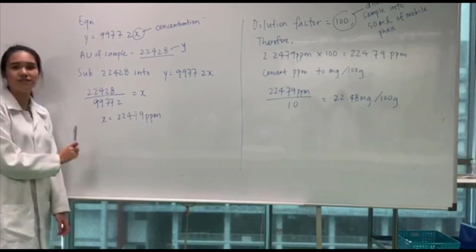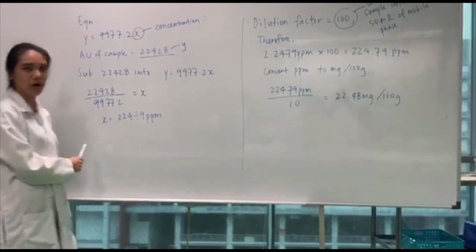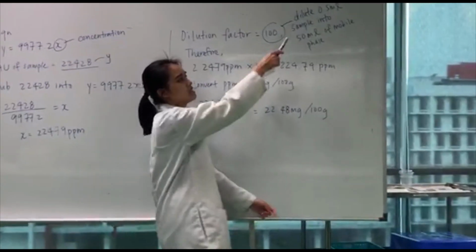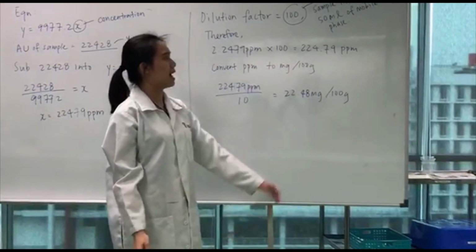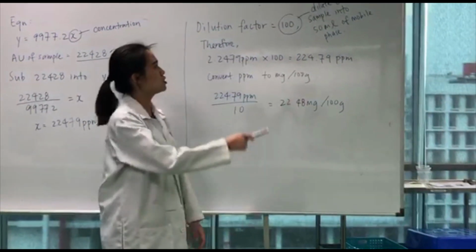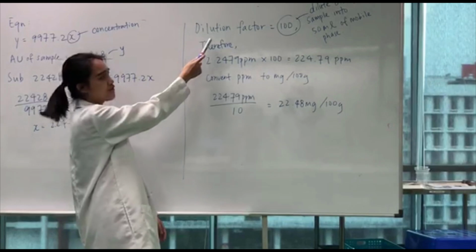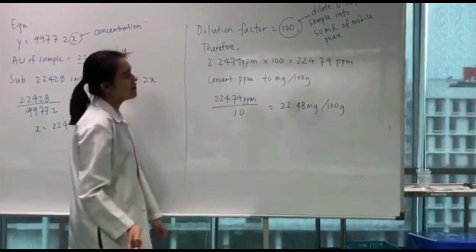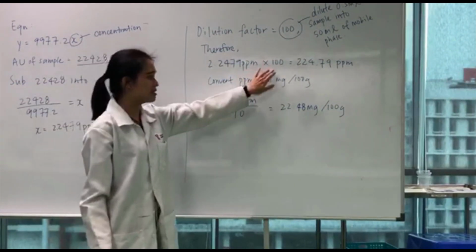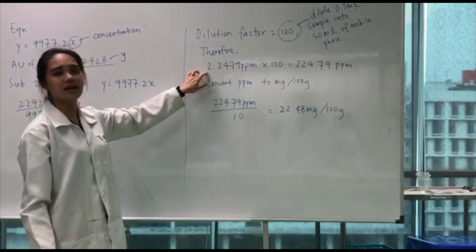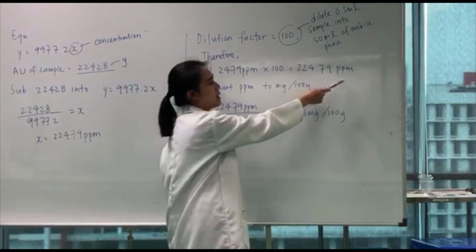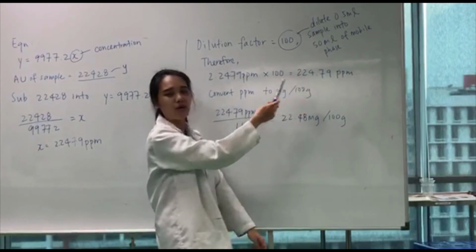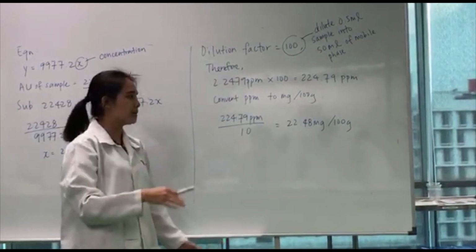However, this is not the final concentration of our sample because we diluted 0.5 ml sample into 50 ml of mobile phase, which contributed to a dilution factor of 100. Therefore, we have to multiply this answer by 100 in order to get 224.79 ppm, and this one is the final concentration of our sample.